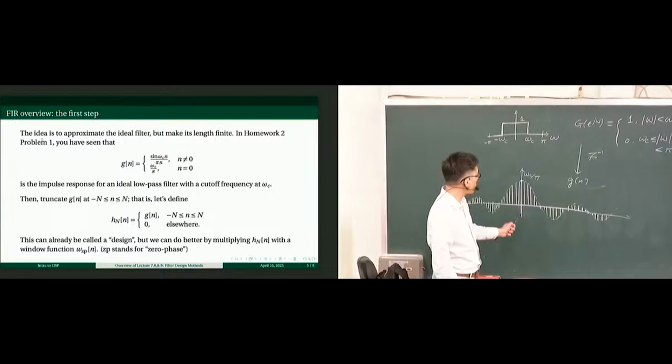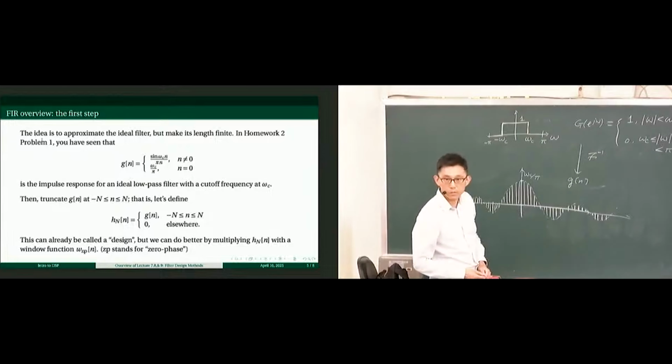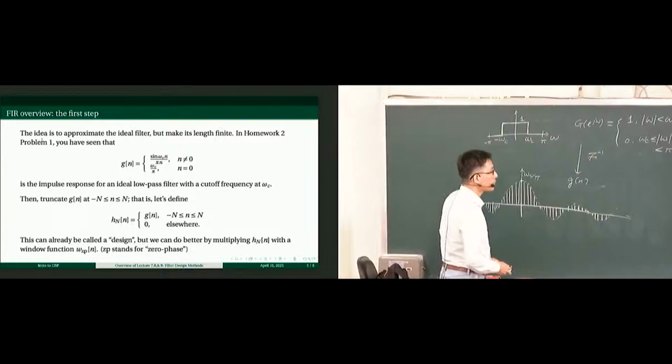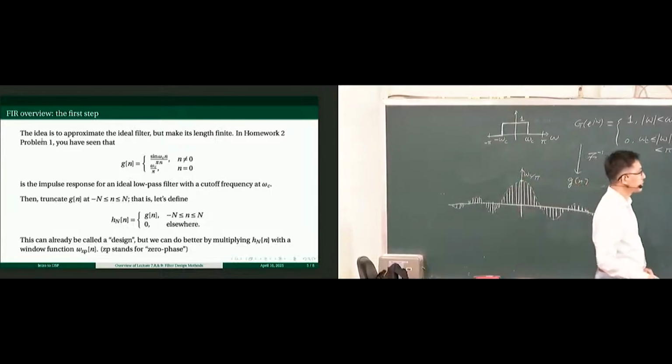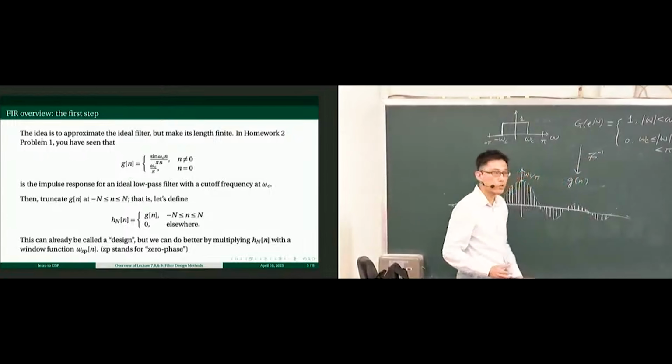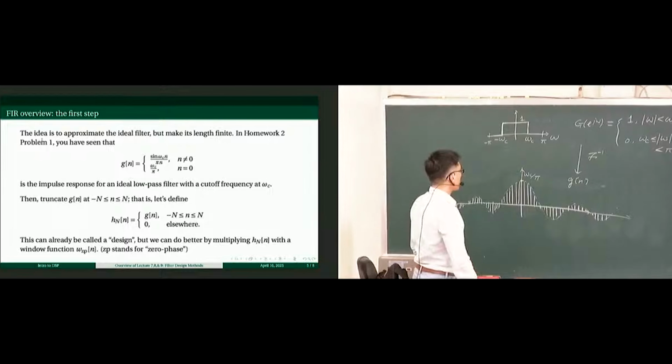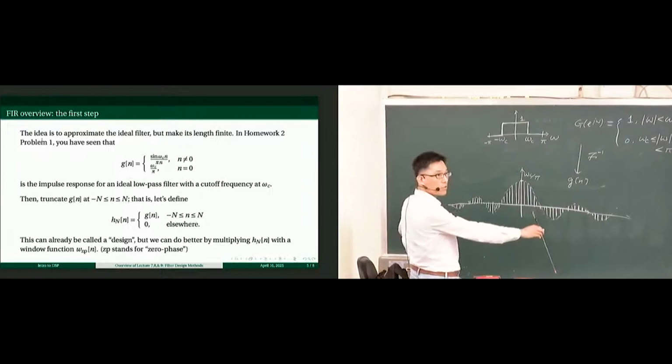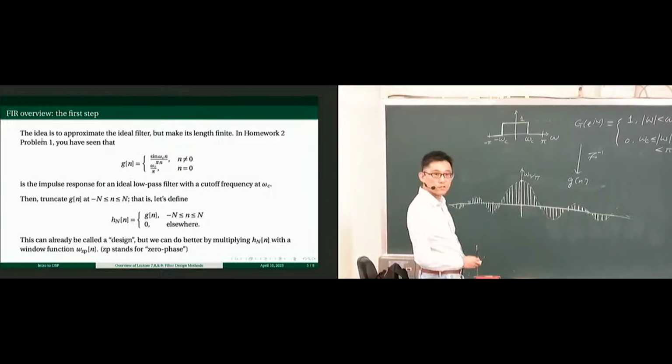At one point I mentioned to you that an ideal low-pass filter cannot be implemented because in time you need infinitely many samples. So g of n extends out to both sides infinitely, but if we cannot store everything, how about storing just the middle part?